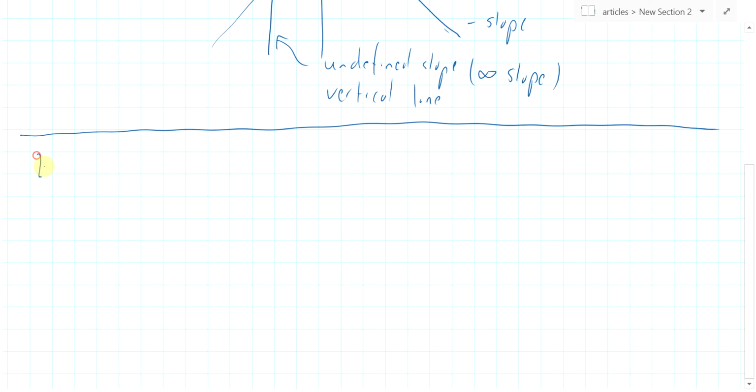What are the equations that go with lines? Well, there's 3 types of equations, and they all have their uses, and I'm going to do one short video for each one. First one is y equals mx plus b, also known as the slope-intercept form.